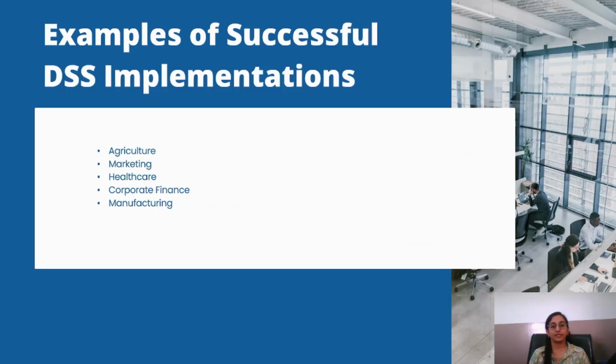Here are a few successful examples of DSS implementation. The very first one is agriculture. The decision support system for agrotechnology transfer is a prime example of a successful DSS in agriculture, developed with the support of USAID during the 1980s and 90s, which is also known as DSSAT4.